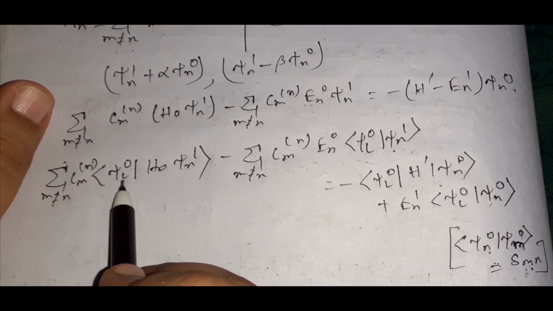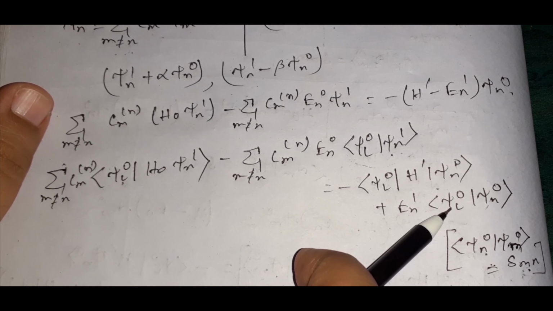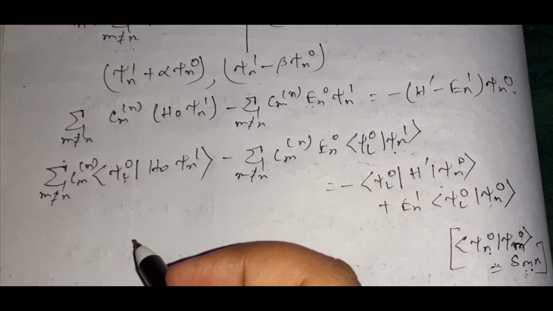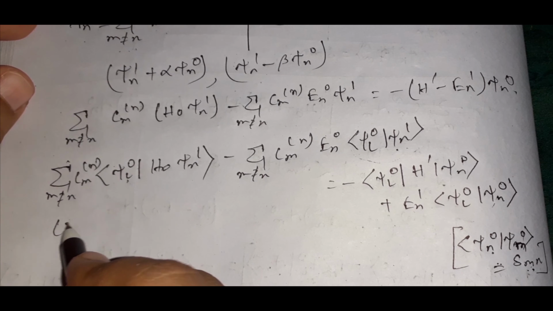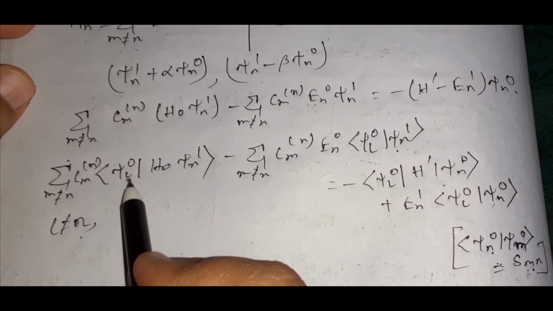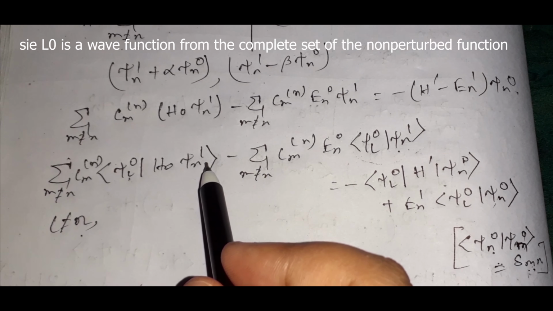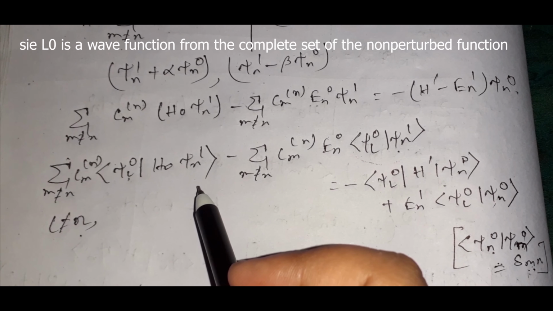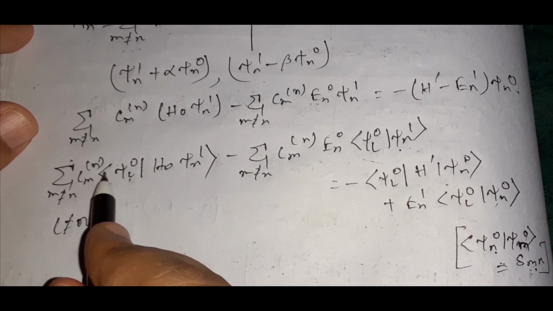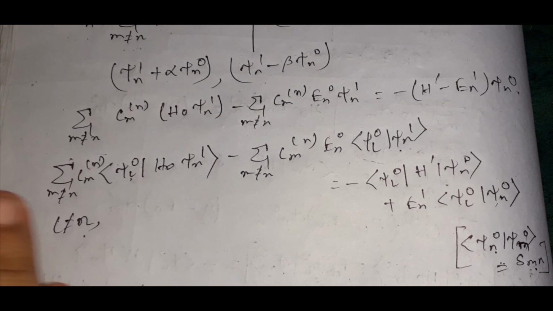So if I choose L equal to n, this term blows up and this will be equal to 1. Now that's not going to help us, so I use L not equal to n. And ψL0 is a wave function from the complete set which I choose from the exact solution. Now this is a summation of those wave functions.